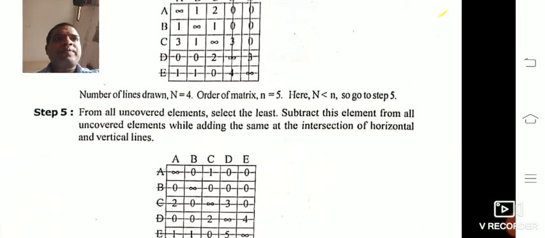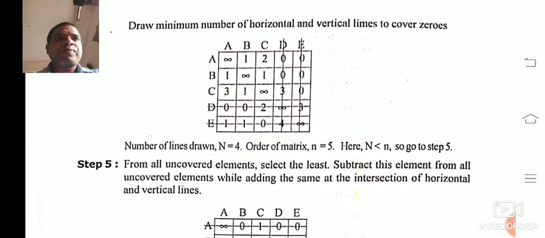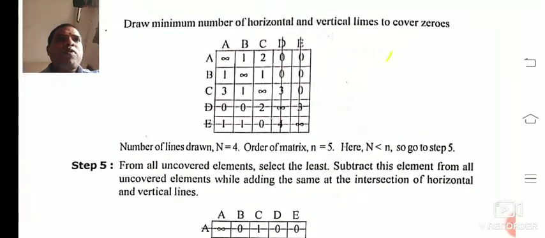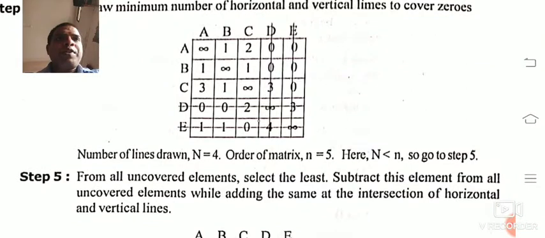Next, in the next step, we need to draw the minimum number of horizontal and vertical lines in order to cover all the zeros in the matrix.